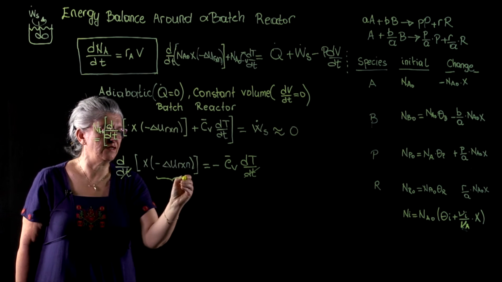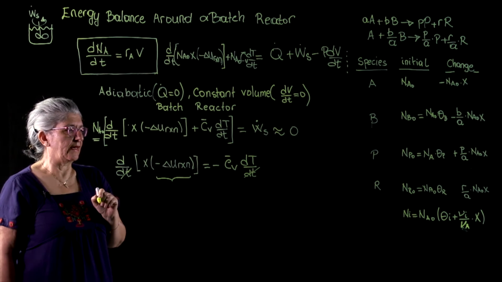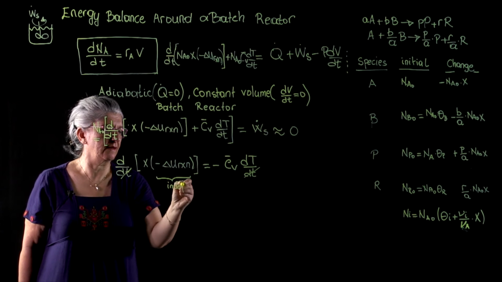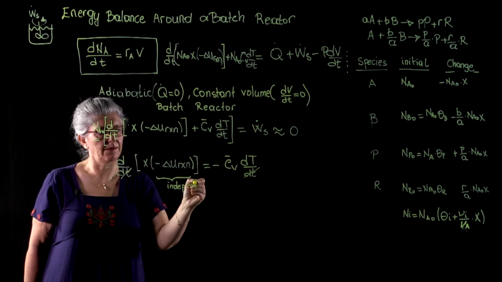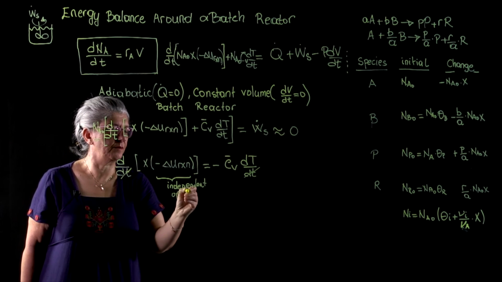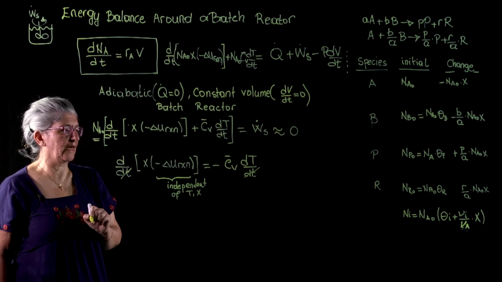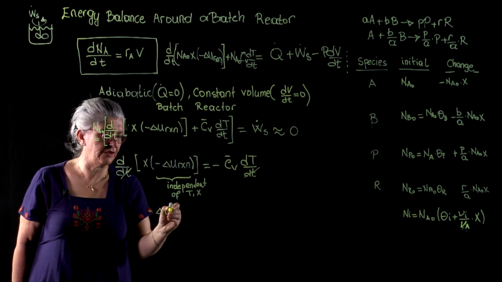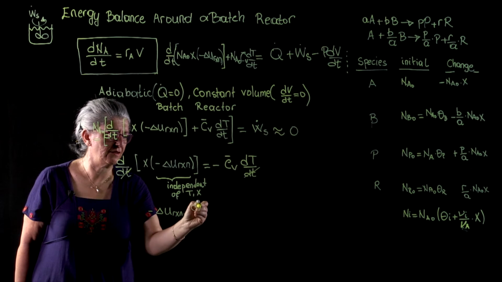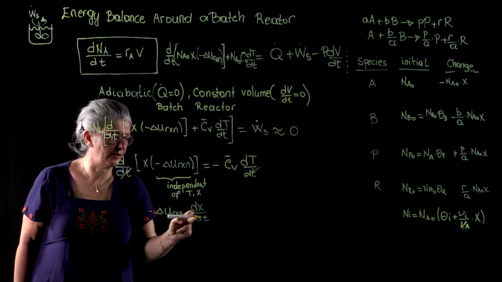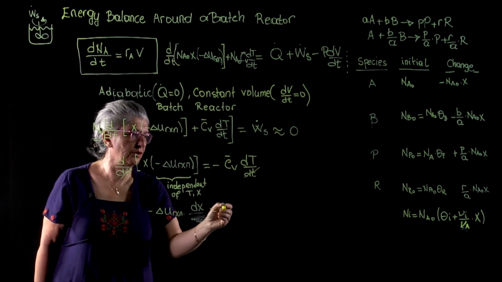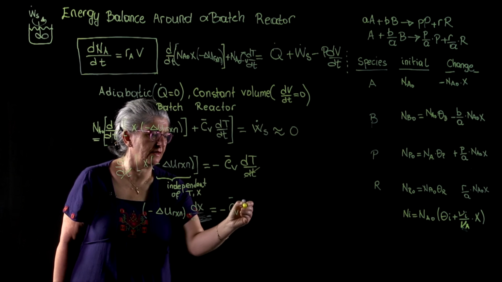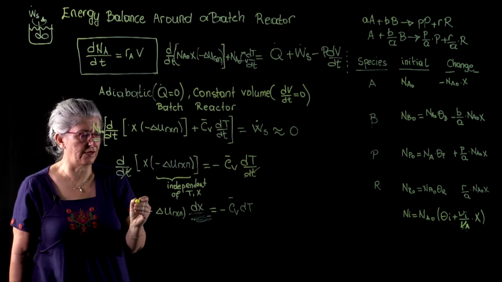The internal energy change due to the reaction can be considered independent of temperature and conversion, and can be taken out of the derivative sign. So we have minus delta U reaction times dx over dt, dropping the dt's from the previous step, is equal to minus C sub V dT. All right? This is equation number 1.